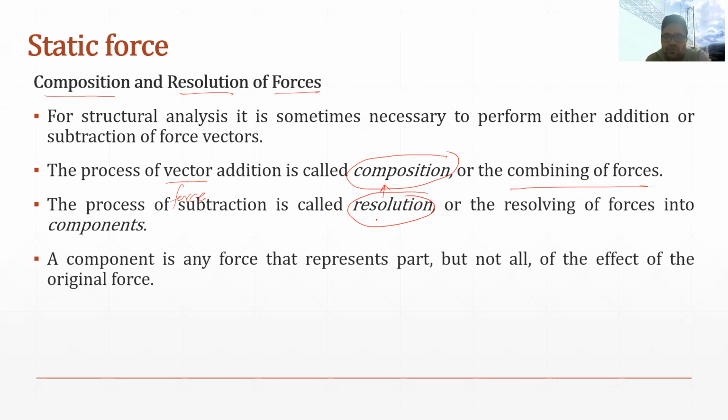When we resolve a force into components, each component represents part of the effect of the original force, but not all of it. So if the original force is like this, we can resolve it into two components, in the horizontal and in the vertical direction. We will discuss more about it in a later lecture.